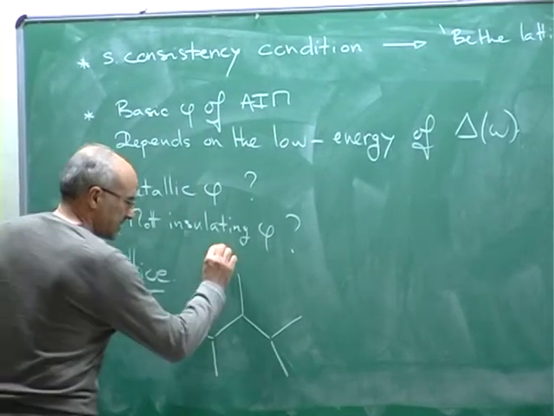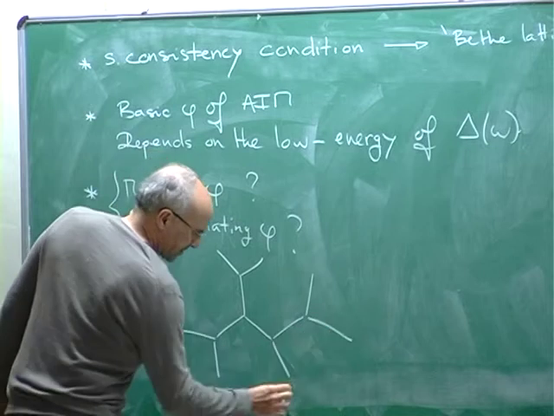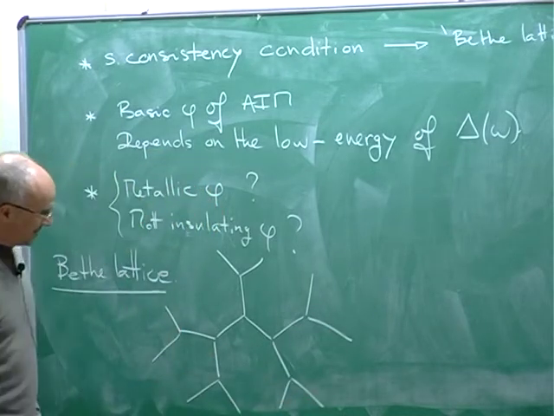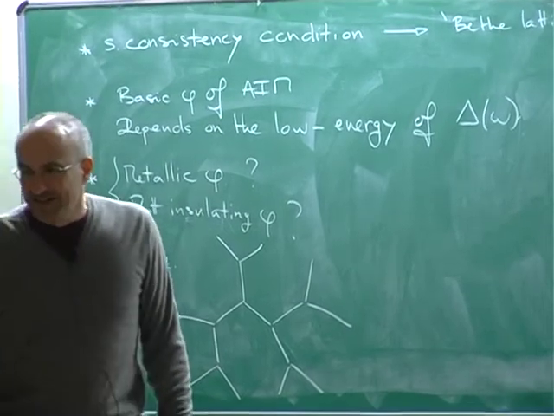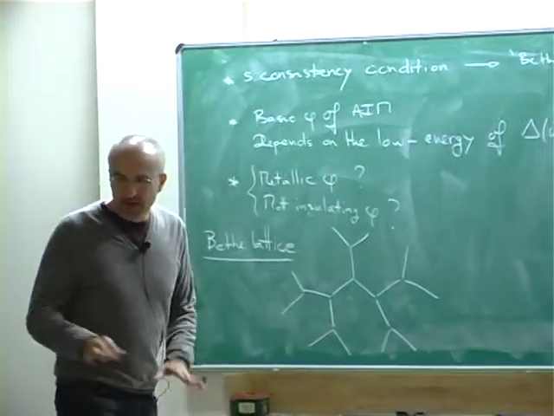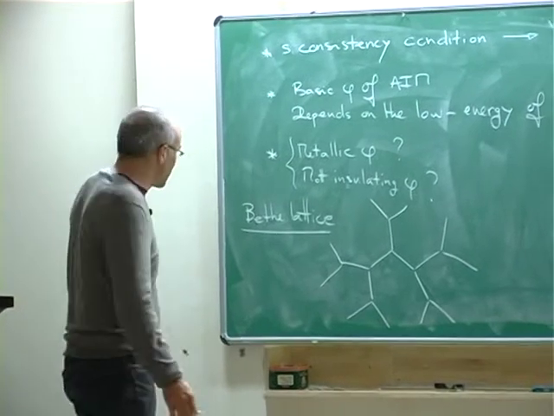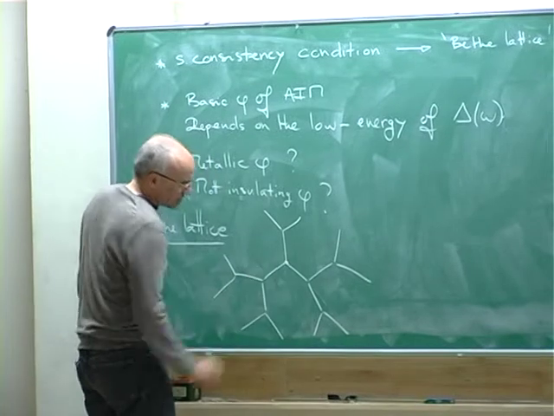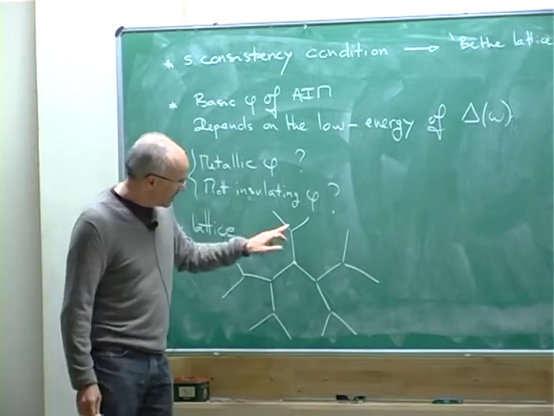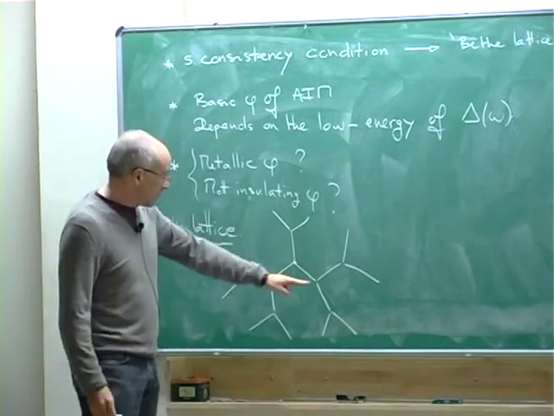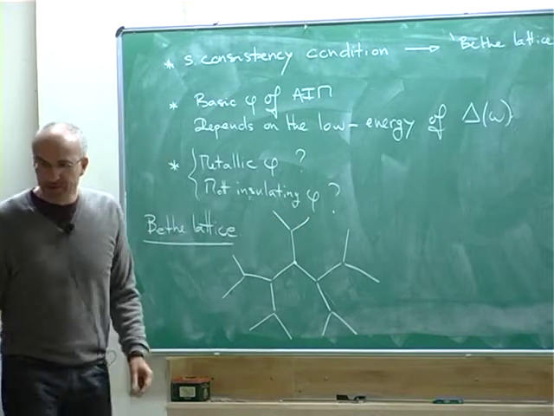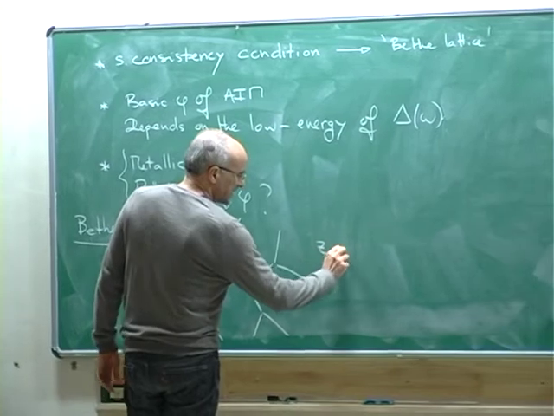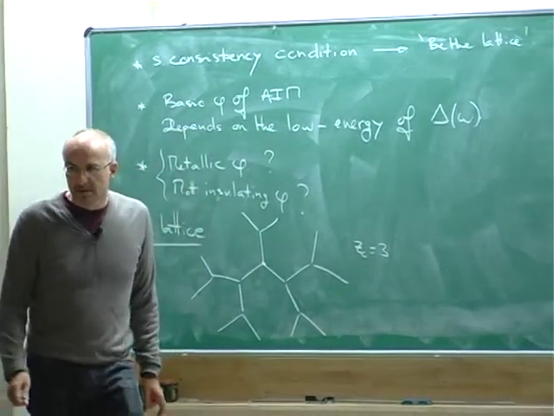So it's a tree like this. You see it's a little bit of a strange lattice because it's certainly not a Bravais lattice, and you don't really have a well-defined Fourier transform on this. This is an example of a Bethe lattice in which each site has connectivity Z equal 3 in the case of my drawing. You see that the connectivity of this lattice, the number of neighbors of any given site, is 3. Okay?